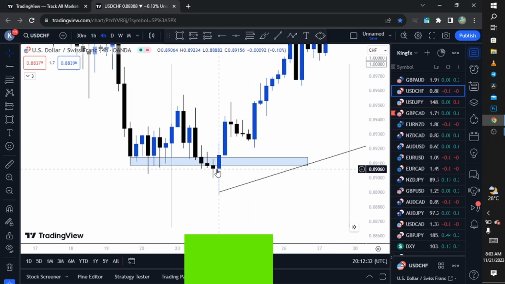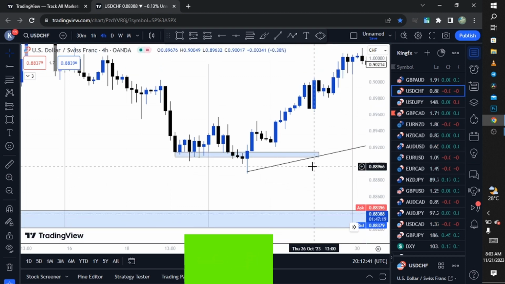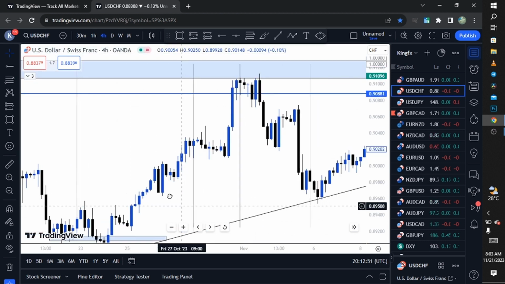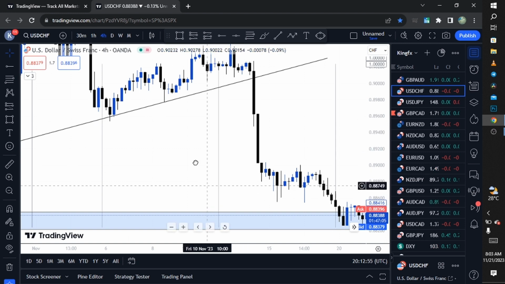So I wouldn't consider this a double bottom, even though it played out perfectly well as a double bottom. Remember, you have to stick with your strategy. The candle has closed below it, so no, I will not trade this double bottom. You have to stick with your strategy.